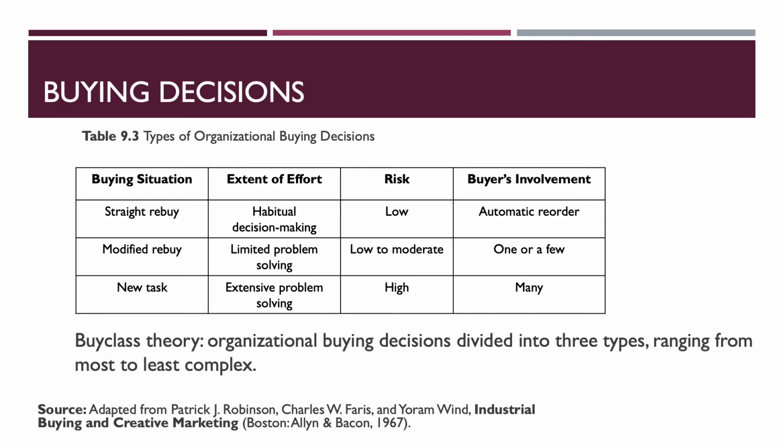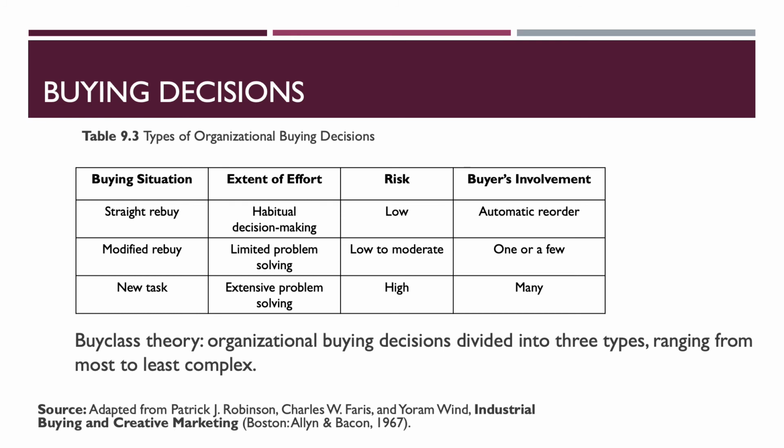The straight rebuy is a habitual decision. A modified rebuy involves limited decision making, and a new task involves extensive problem solving because the company has not made a similar decision already.